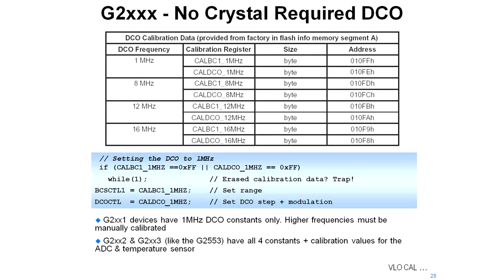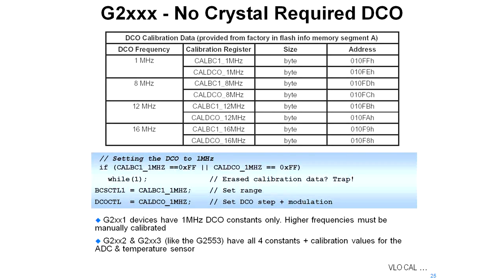Value line parts have a no crystal required DCO, or digitally controlled oscillator. The G2XX1, like the 2231 device that came with the 1.4 version of the LaunchPad board and earlier, have the 1 megahertz DCO constants only. Any of the higher frequencies would have to be manually calibrated.